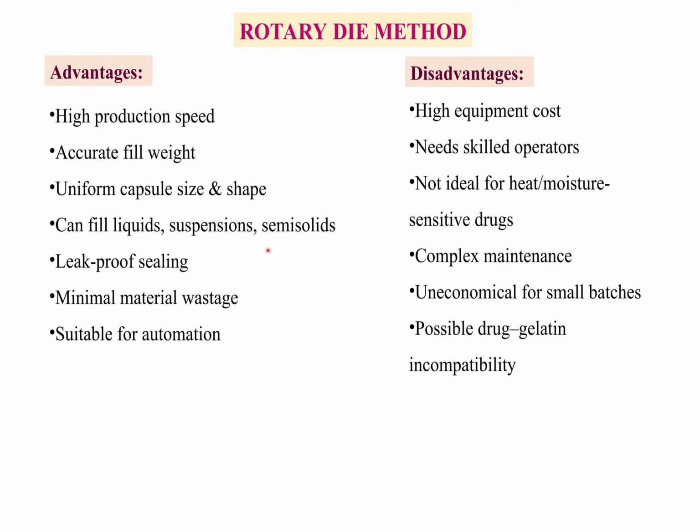However, there are some disadvantages like high equipment cost, need for skilled operators, not ideal for heat or moisture sensitive drugs, complex maintenance, uneconomical for small batches, possible drug-gelatin incompatibility. So it is not ideal for heat or moisture sensitive drugs, because the moisture sensitive drug will ultimately react with the gelatin.